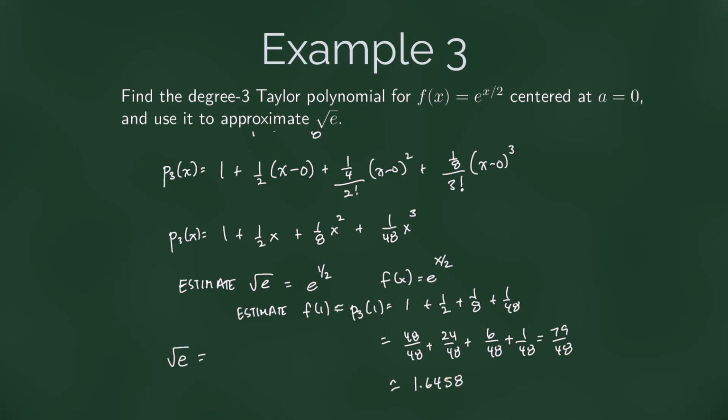Now we can do on the calculator, the square root of e is 1.6487. So we can see once again that our approximation is pretty close to the actual value.